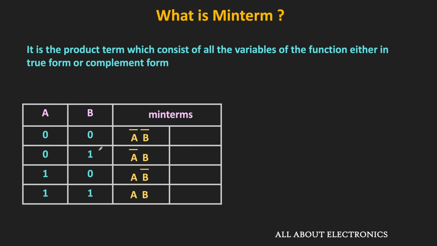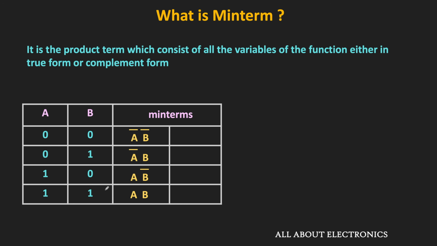While in the second case, this a is 0 while this b is 1. Therefore, this a is written in the complemented form while this b is written in the true form. Similarly, in the third case, this minterm is equal to a b bar, and in the fourth case, this minterm is equal to a dot b. So that is how we can write all the minterms according to the input combination.